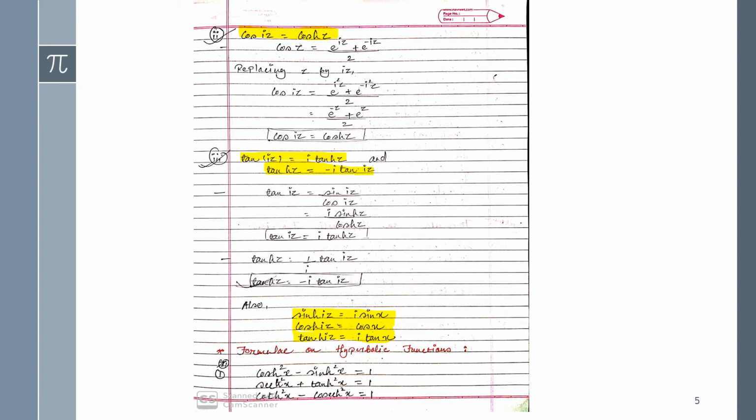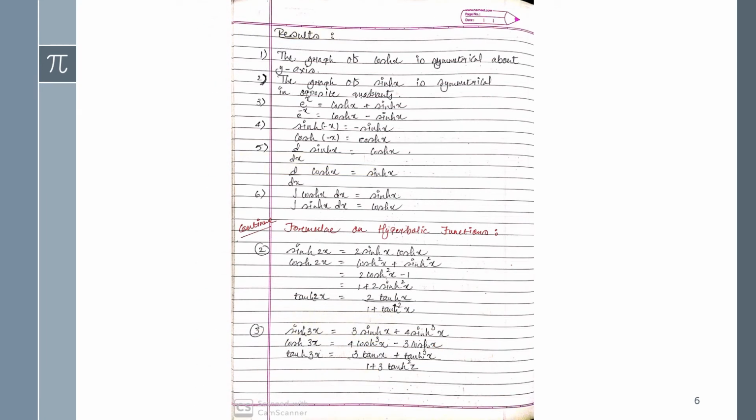Now the rest of the formulas for the hyperbolic, which are based only on hyperbolic functions, we studied in our previous session. In the previous session I discussed that we will do all the formulas based on the circular or the hyperbolic functions in our next session.